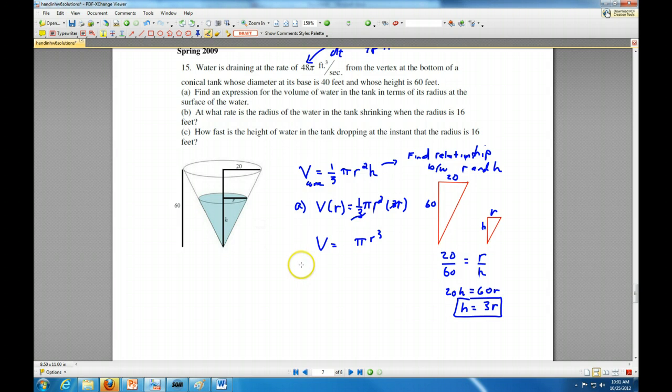Now to B. Using this formula, at what rate is the radius of the water in the tank shrinking? In letter B, they want us to find dr/dt.